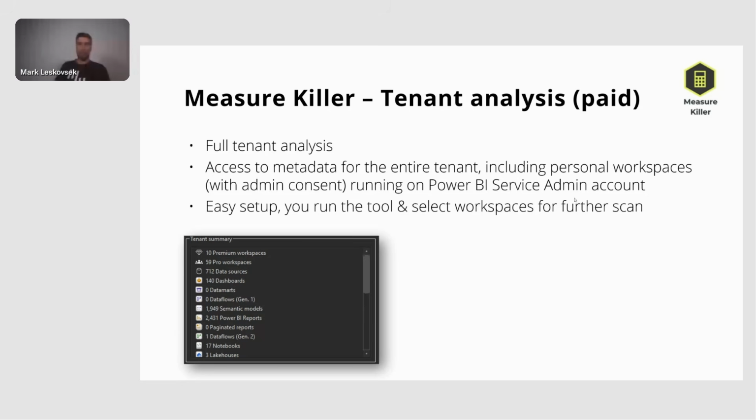There's a free trial that includes full tenant analysis, including personal workspaces and even automation scenarios. It's not as diverse as Semantic Link Labs in what you can do with it. This is strictly for performance and analysis of your objects within Fabric, but it's still very useful.